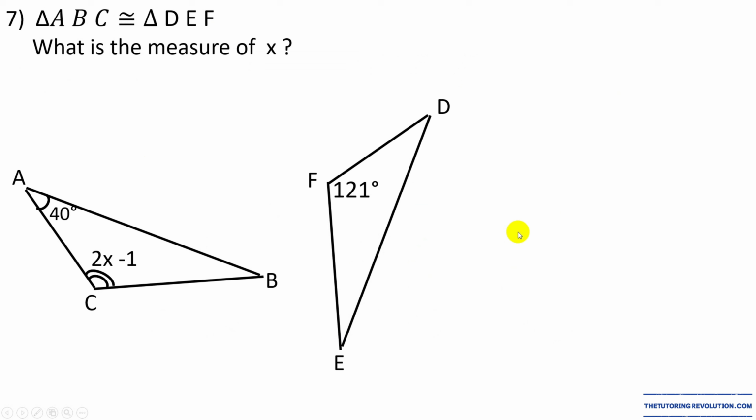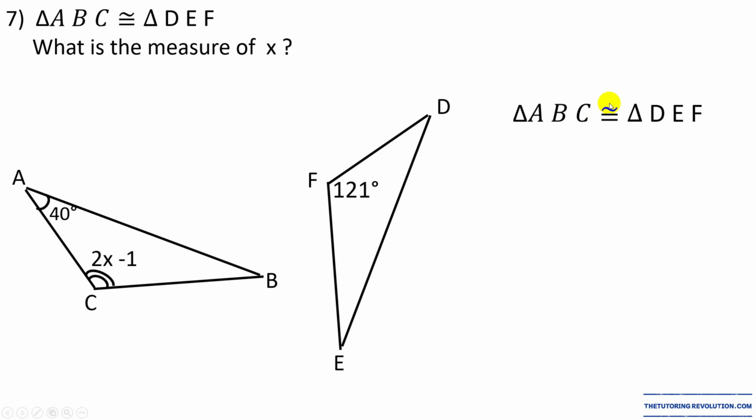Now, problem number 7. Here they give us two triangles again, triangle ABC and triangle DEF, and they say they are congruent. And they want to know what's the measure of X, okay? So we see the two triangles here, and we want to find X. Basically, we have to work with this angle C. Let's write first the congruency statement.